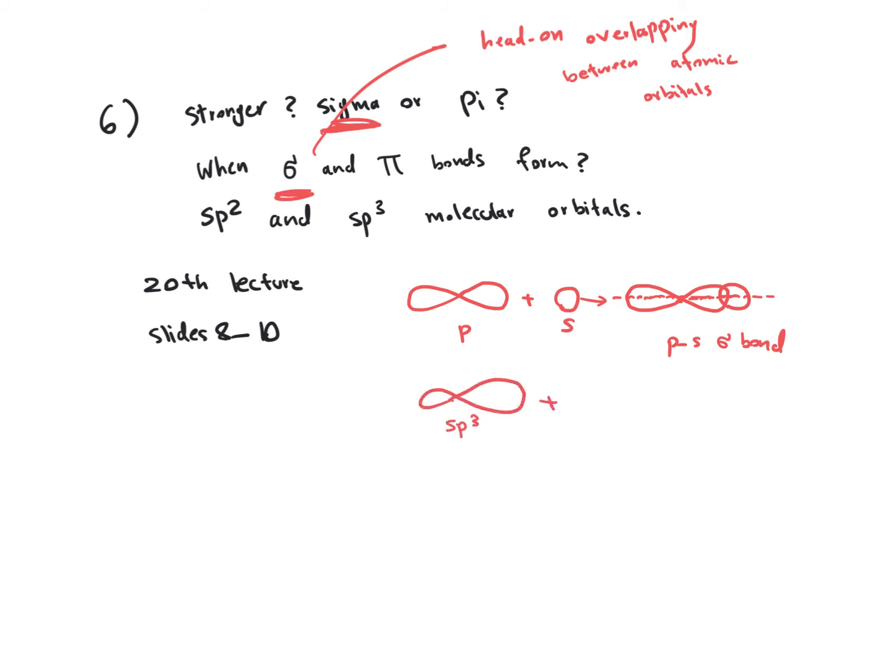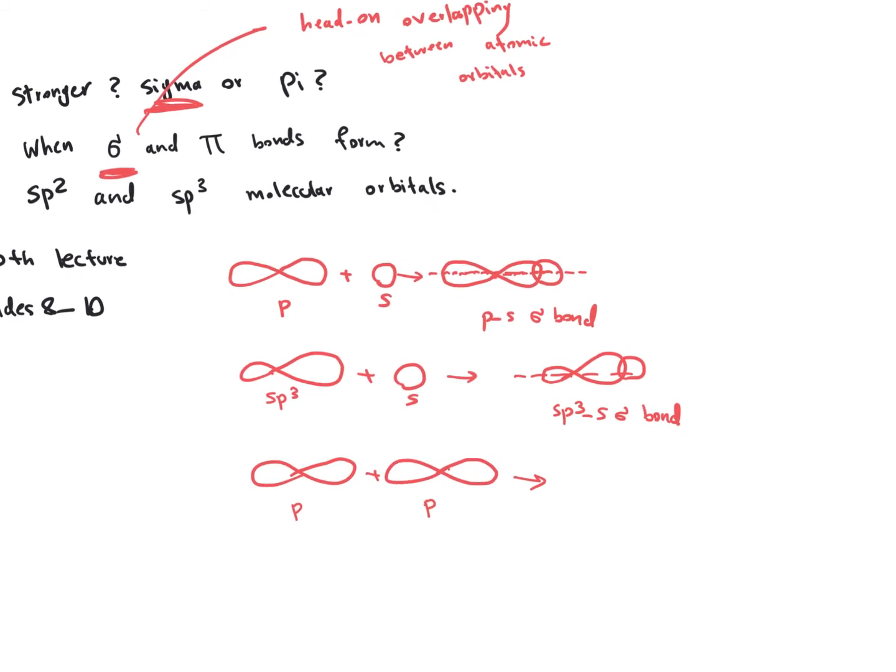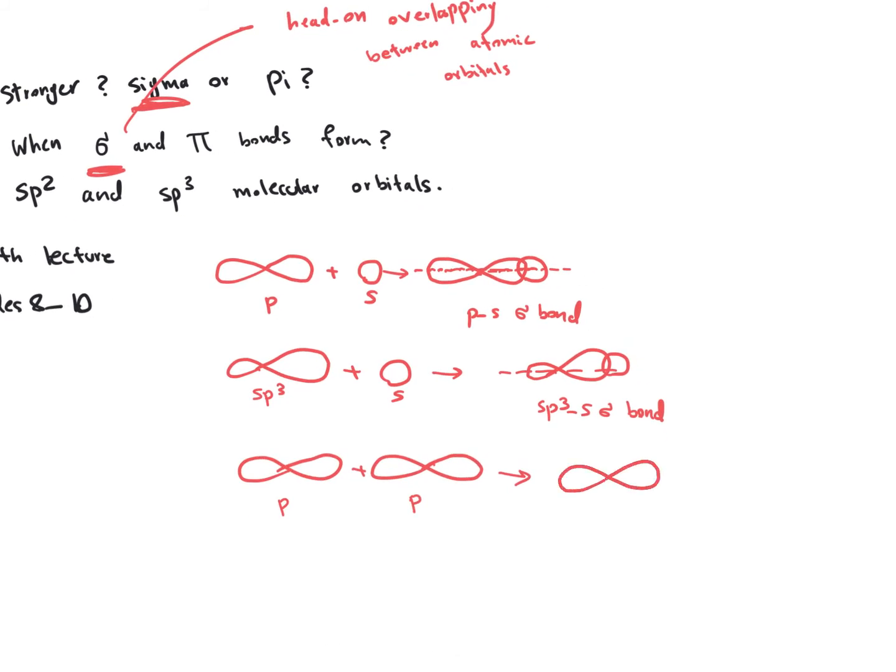it also gives you something like this, an sp3-s sigma bond. Or like two p orbitals, if you mix them, this is not distorted, it's kind of symmetrical. It would be something like this, right?